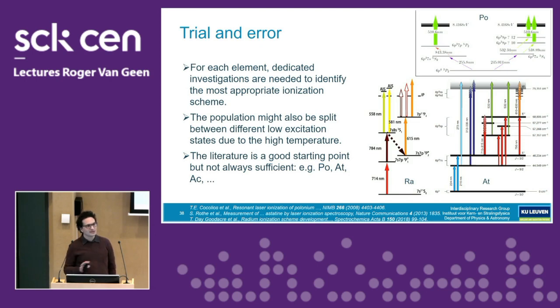And that was it. Nothing else was known. In the polonium, there was a study from the 60s that said, we've seen some of this. Good luck. And nonetheless, we were able to create those very extensive ionization schemes for those different elements, which are now very standardly produced at ISOLDE.